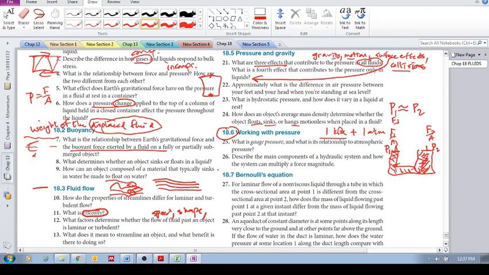So F1 over A1 equals F2 over A2. So F2, the force that you're applying to push the piston up, is equal to A2 over A1 times F1. So if A2 is larger, then you are essentially multiplying F1 by this factor of A2 over A1. So that is how a system can multiply a force magnitude.